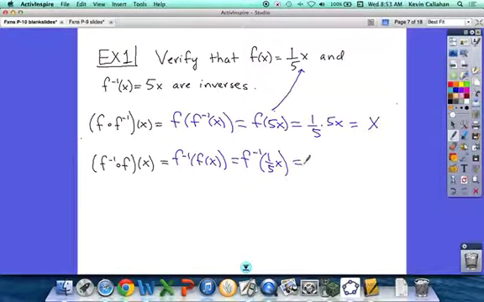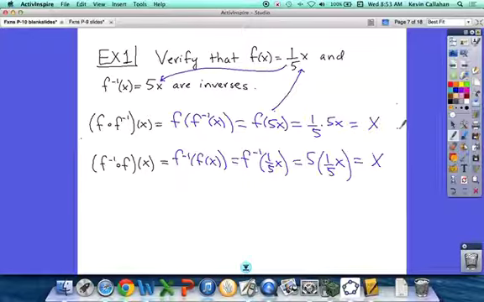And then we'll evaluate f minus 1 of 1/5 x. Which is going to be like taking that 1/5 x and putting it in the place there. 5 times 1/5 x. And the 5's cancel, and all that's left is x.